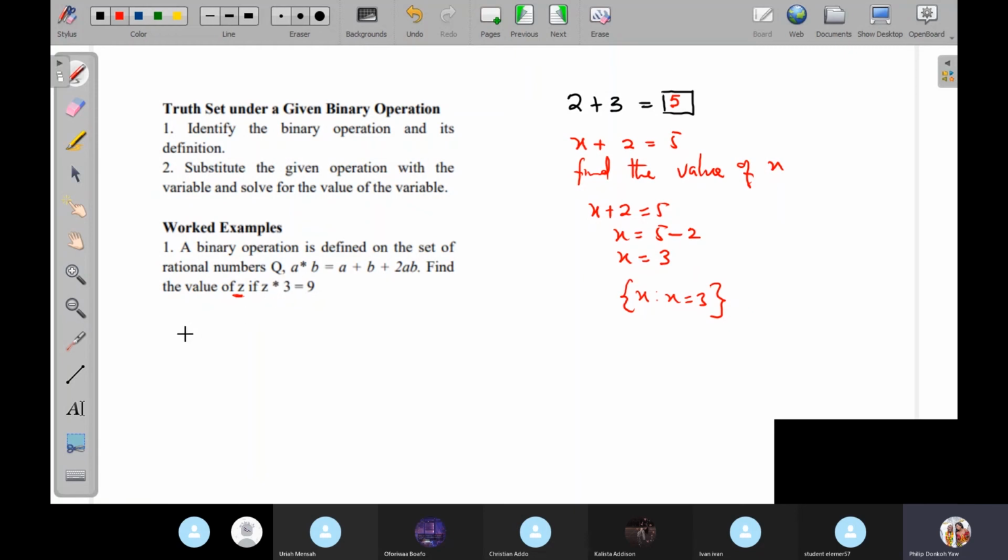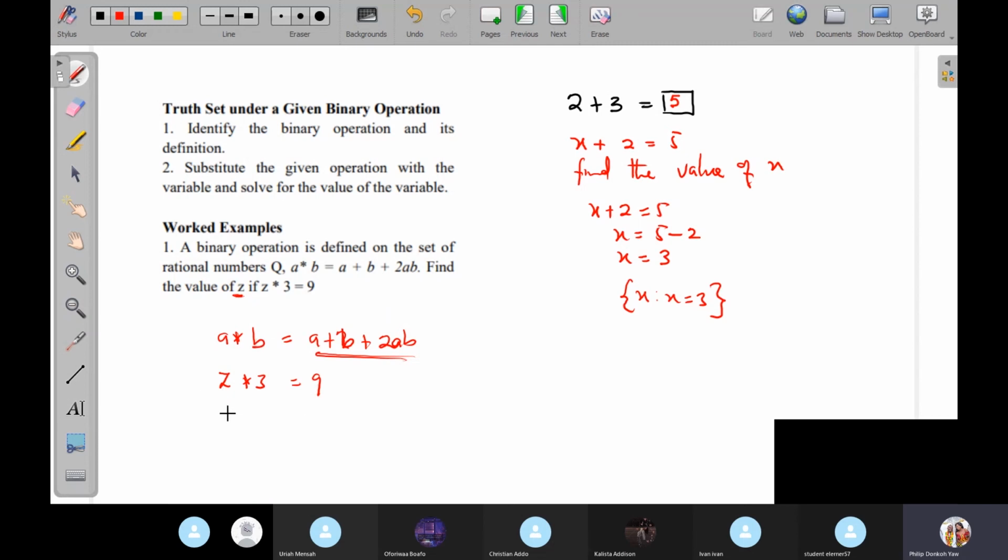Knowing our rule to be A star B equals A plus B plus 2AB, then finding the value for Z in the equation Z star 3 equals 9, we can use the rule to define Z star 3. In defining Z star 3, A represents Z in the operation, and B represents 3. So it's all about substitution once again.